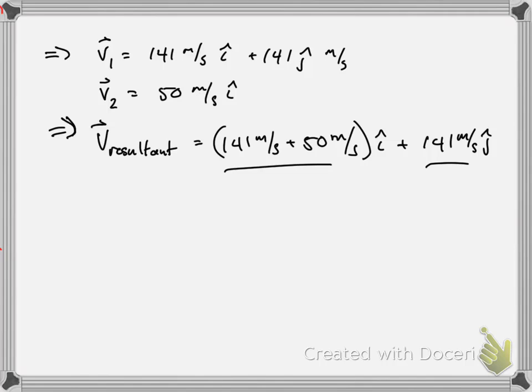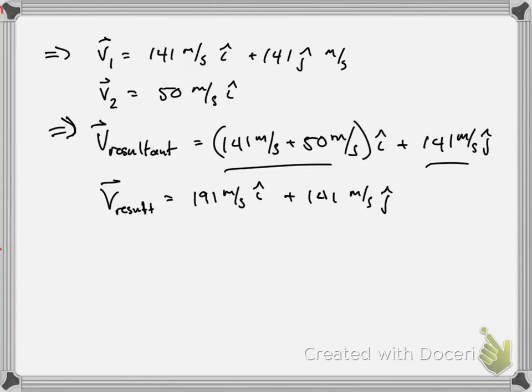So the resultant, or the sum, that's the sum vector, the resultant vector, of v1 and v2, is equal to 191 meters per second in the x direction plus 141 meters per second in the y direction. So that's the resultant in component form.